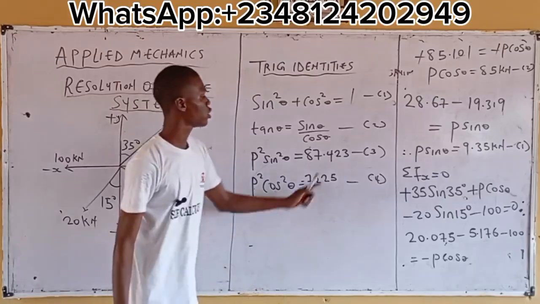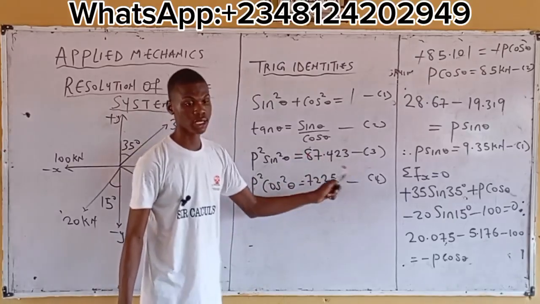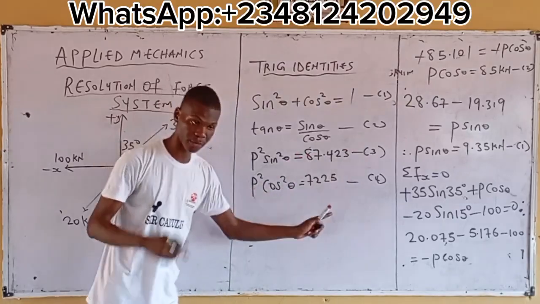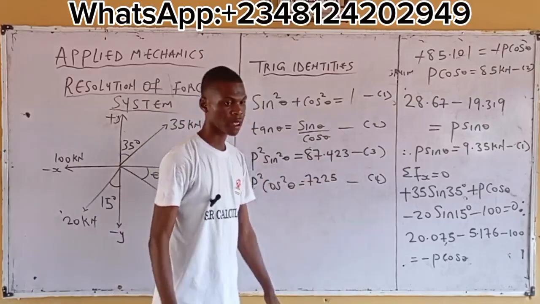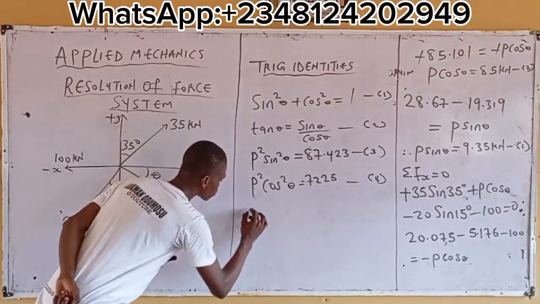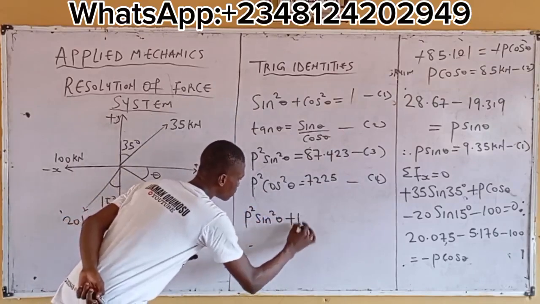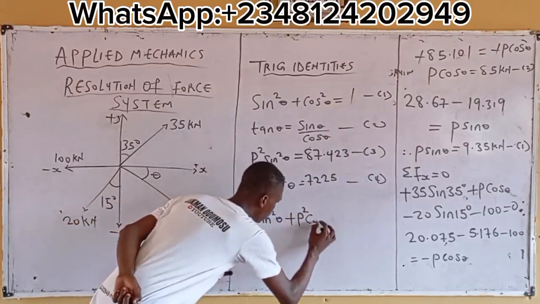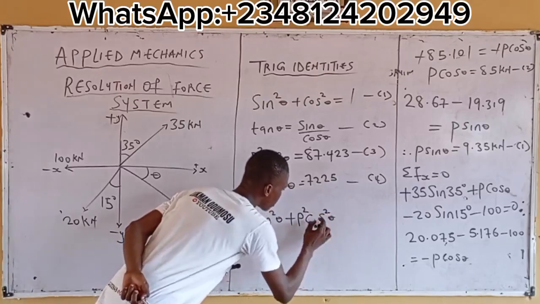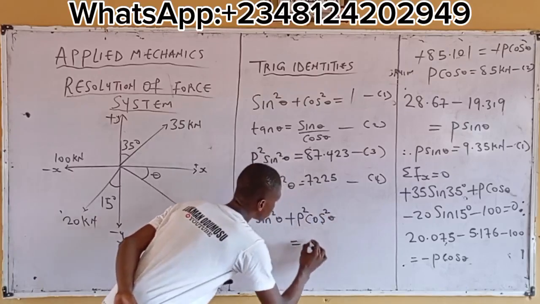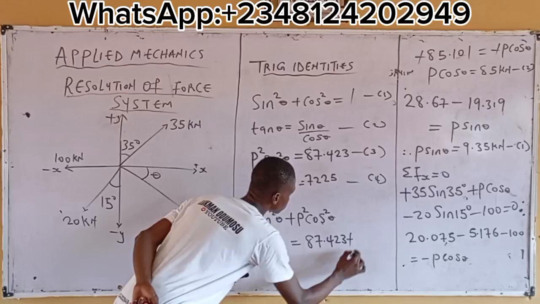So you know how we got 87.423, right? And you know how we got 7225. So now from here, add equation 3 and equation 4. Meaning that P square sine square theta plus P square cos square theta is equal to 87.423 plus what?